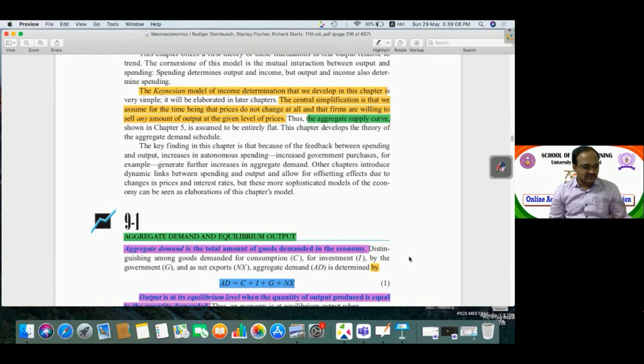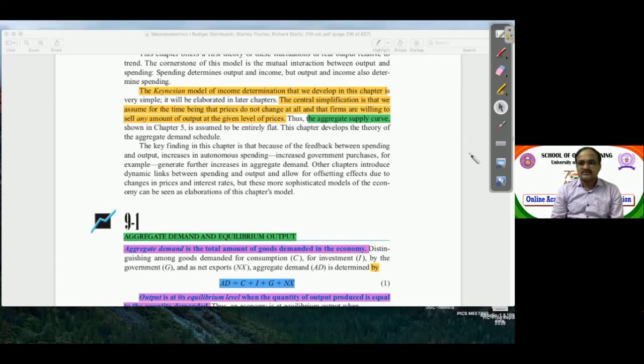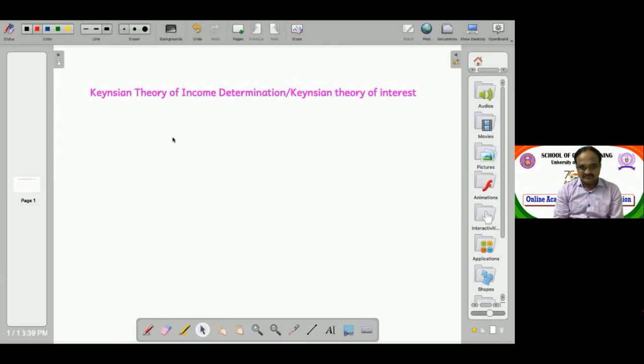If you want to discuss in detail, one by one, the basic assumptions of this theory, let us take the board. First, who propounded this theory?